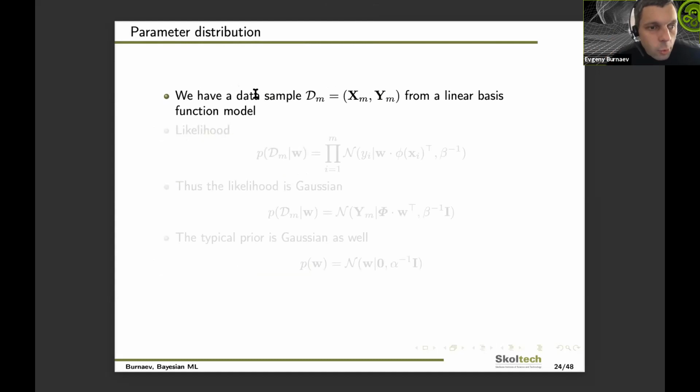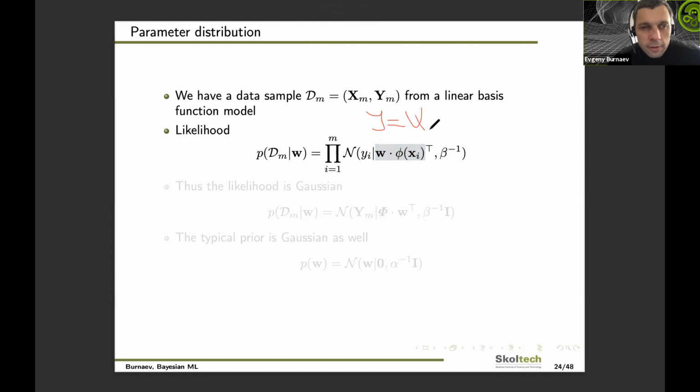So again, we have a data sample x_i, y_i, and we assume that this sample is generated by a linear basis function model. That means that the output y is equal to the linear basis function model plus white noise.